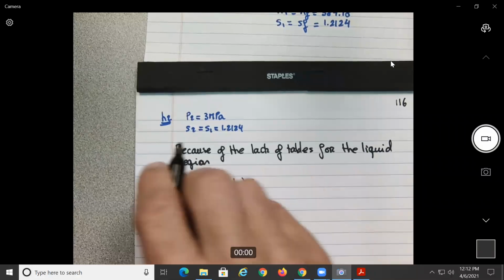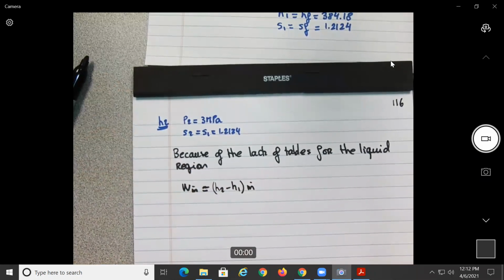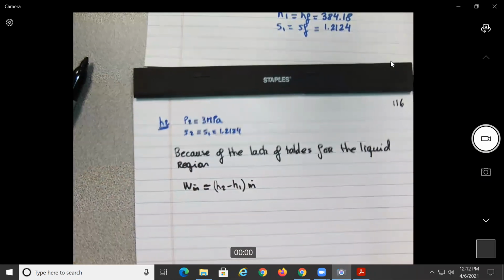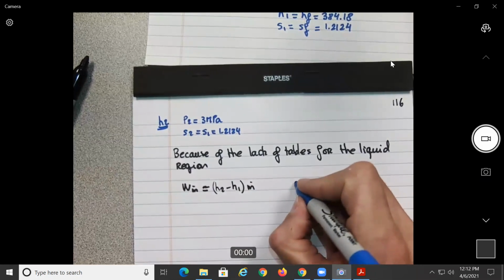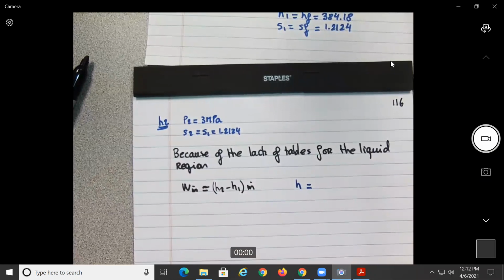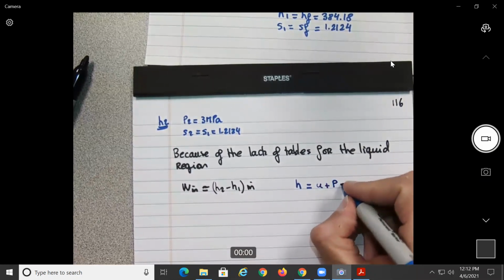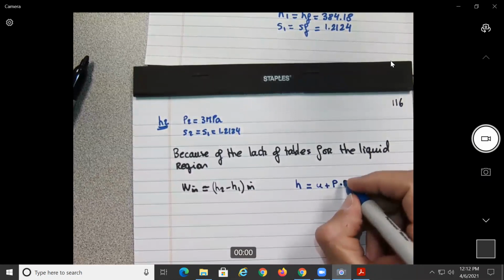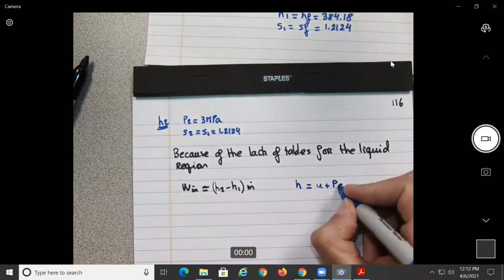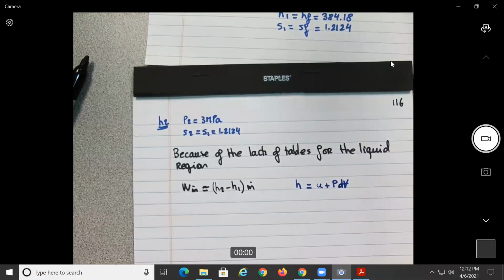Okay. Then what is in general the enthalpy? What is the definition? U plus P dV.